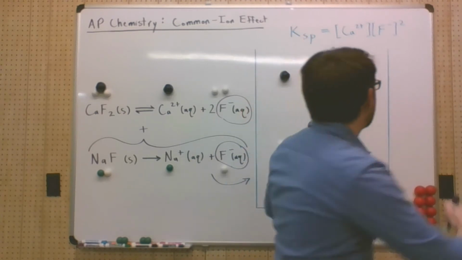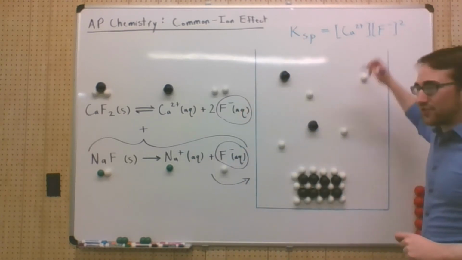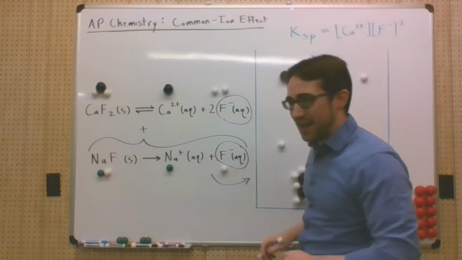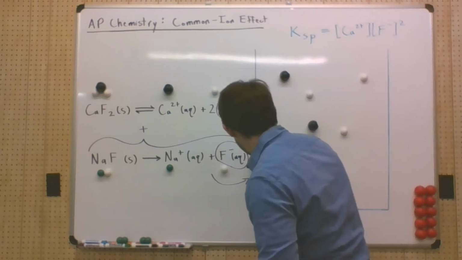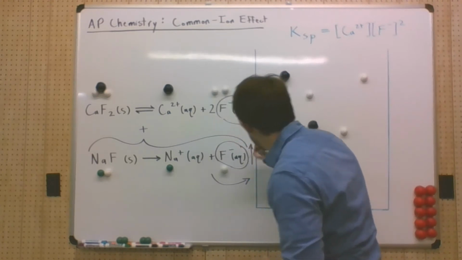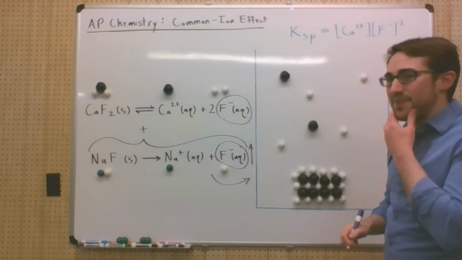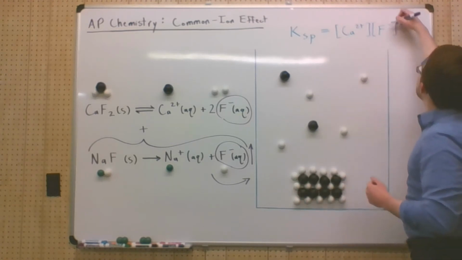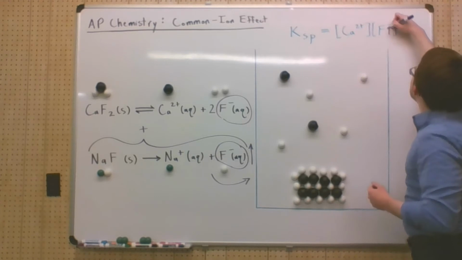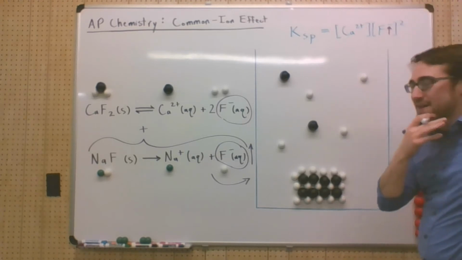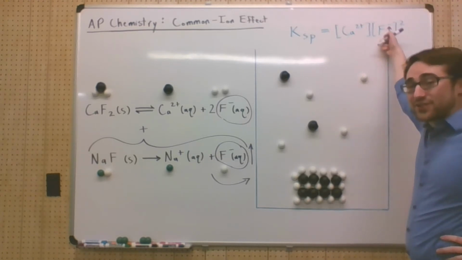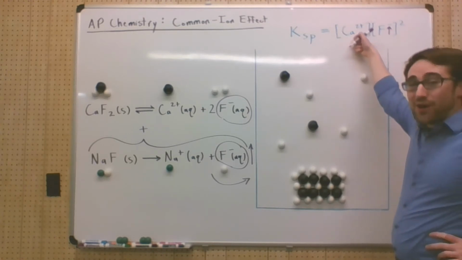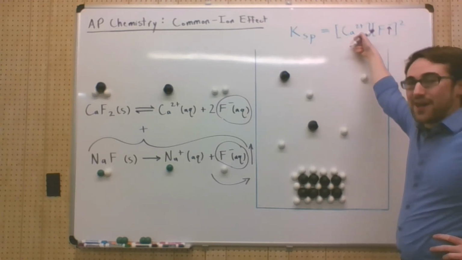Okay, so if my F minus concentration is going up as I am adding this F minus here, then something has to happen in this equilibrium to offset that. If this concentration of fluoride is getting higher, then I need to lower this concentration of calcium.